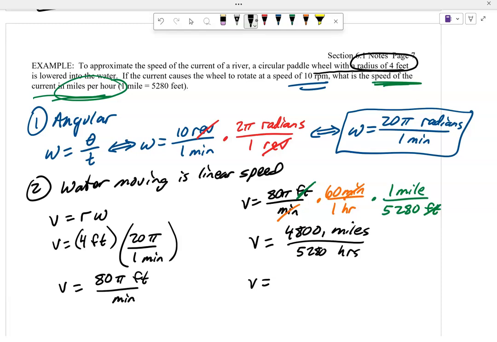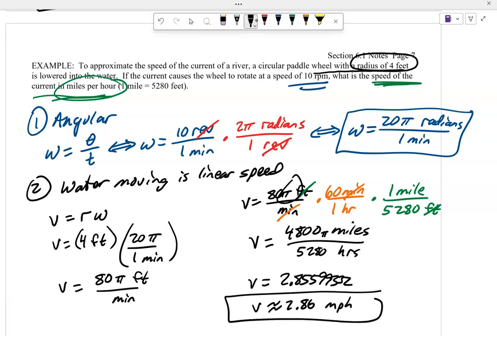Oops, I forgot my pi. Sorry, 4,800 pi. Don't forget that pi right there, over 5,280. And it looks like this will be 2.855993332. So 2.86 miles per hour is the speed of the water.